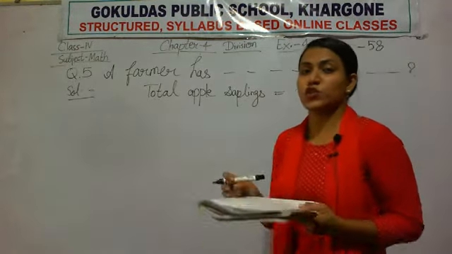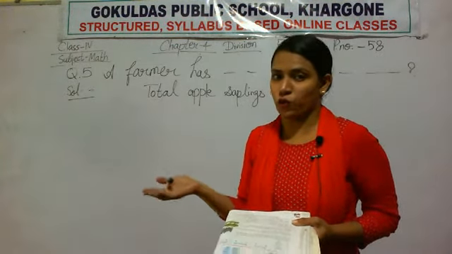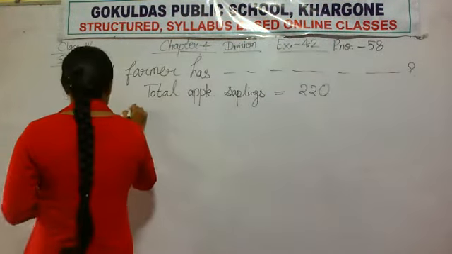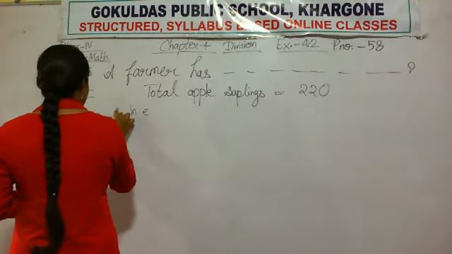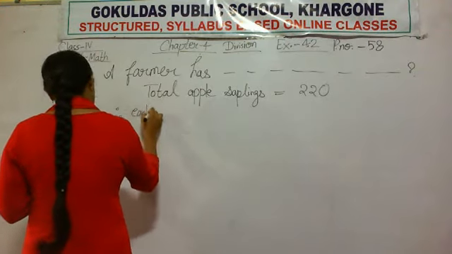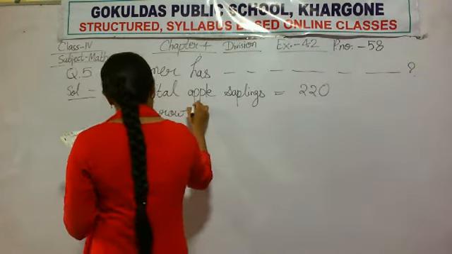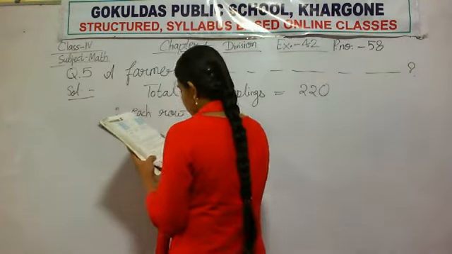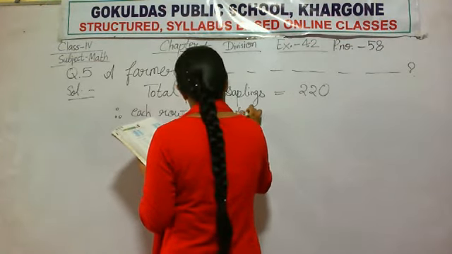And he sowed 10 saplings in each row. Each row has 10 saplings.